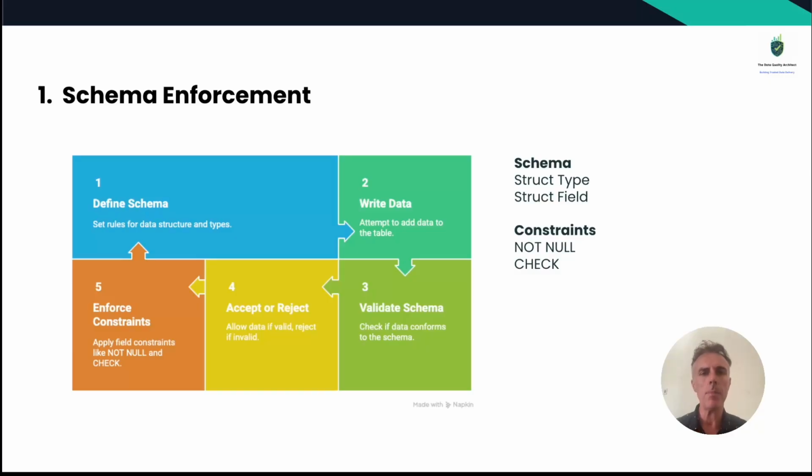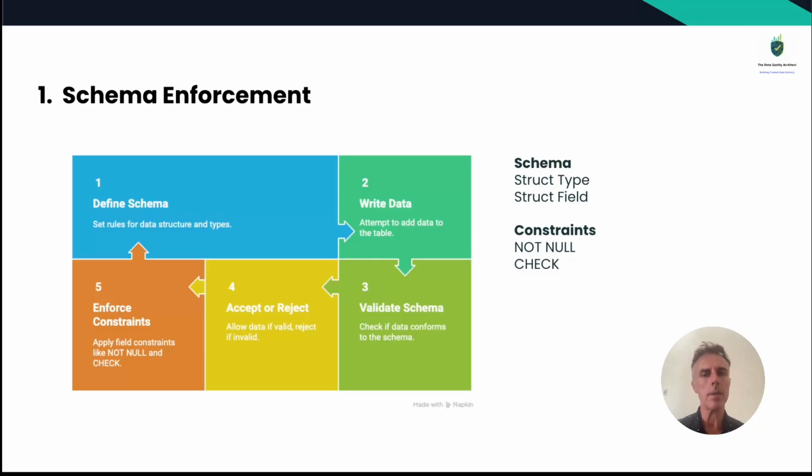Now, the schema enforcement part is something you're probably familiar with on other database platforms, also known as schema validation. It's the process of ensuring data being written to a Delta Lake table conforms to the table's defined schema. So no schema change is allowed unless you make an affirmative choice to change it. This is default behavior.